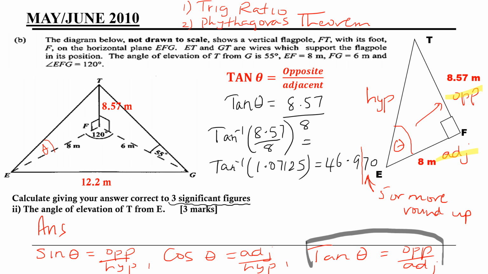So that 9 is going to become 10, and then it goes to the 6. So we get 47.0 as our answer. And that's the final answer.